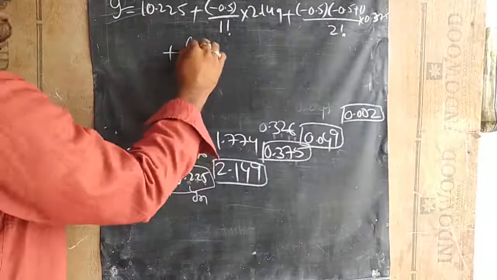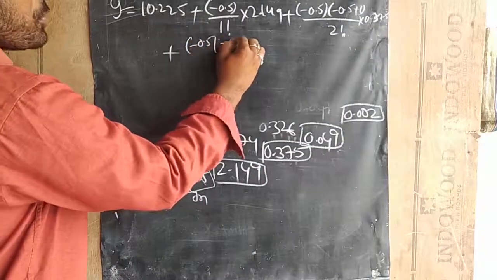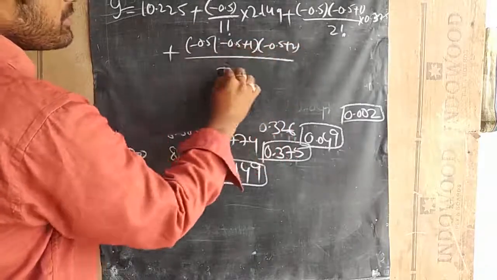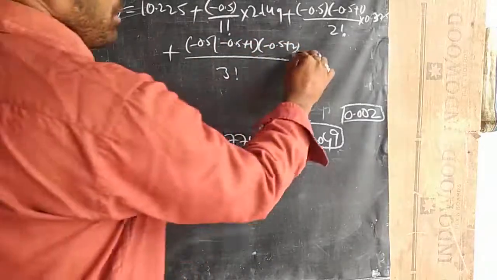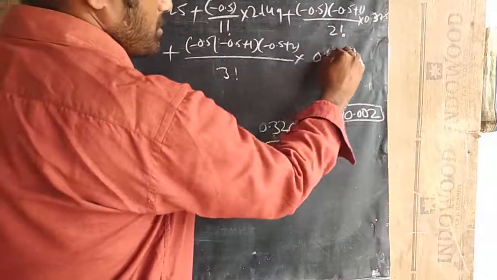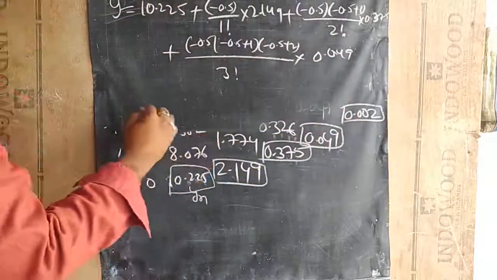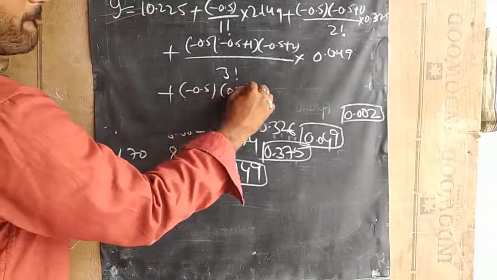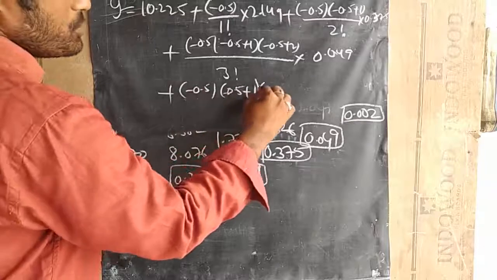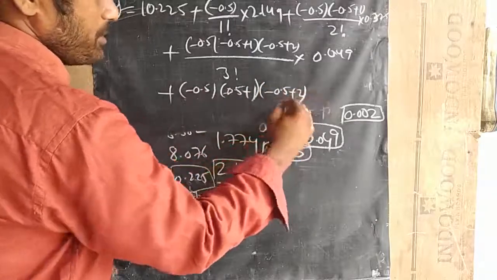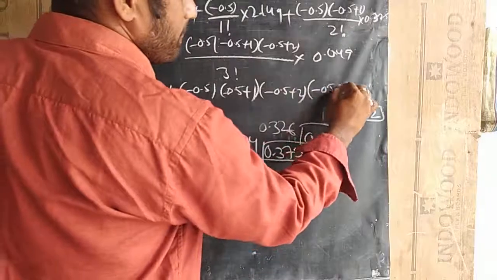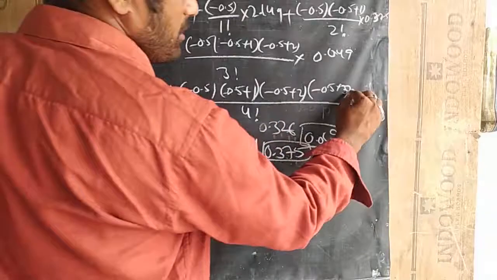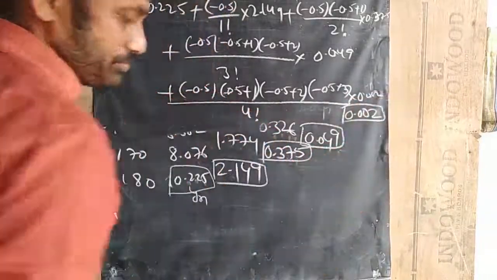Plus n into n plus 1 into n plus 2 divided by 3 factorial into delta cube yn, that is 0.049, plus n into n plus 1 into n plus 2 into n plus 3 divided by 4 factorial into delta power 4, that is 0.002.